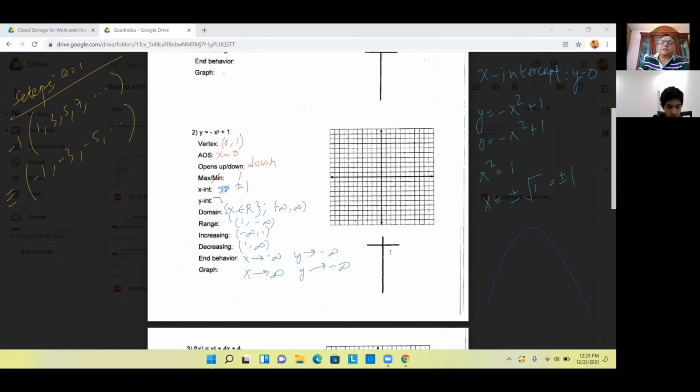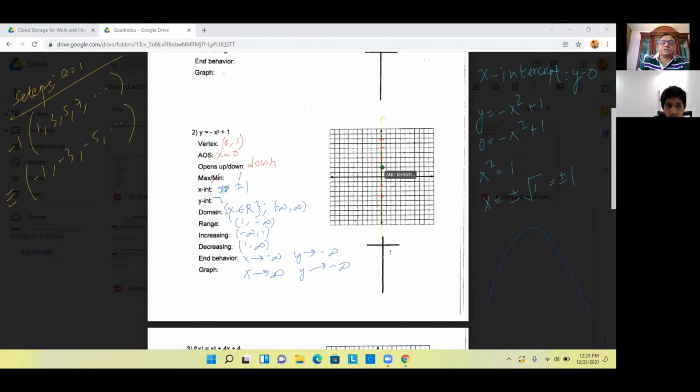Now here, the axis of symmetry is the y-axis itself, correct? And now the vertex is at 1. So let me choose a scale here. We're using 2 units as 1 now, since the graph is otherwise very small, or we could have enlarged the screen to draw. Correct. So x squared equals 1, and at 1 we have the vertex.